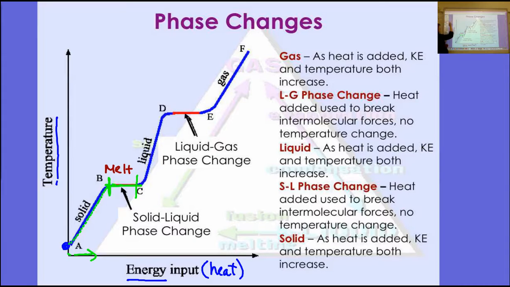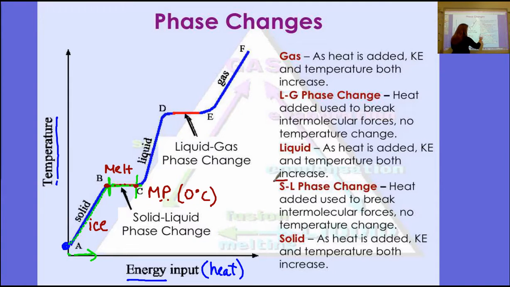This temperature is obviously the melting point. Now I have a liquid. So if my solid is ice, you heat up ice until it starts to melt. The melting point of H2O is 0 degrees Celsius. So it's going to stay at 0 degrees Celsius until all of the ice has turned into water. Why does that happen?